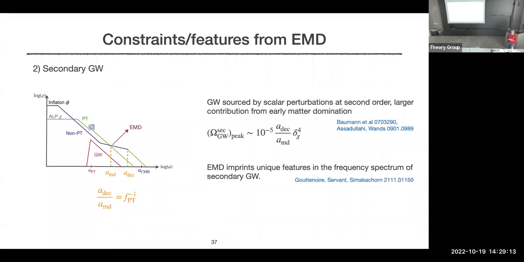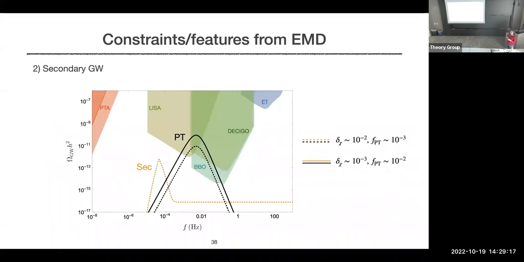So I think you're saying that the exact amount of secondary gravitational waves depends on how the early matter domination heating occurs. Yes, I agree. There are like two papers that talk about how violent this early matter domination is, which can actually change the amount, like what the peak is.